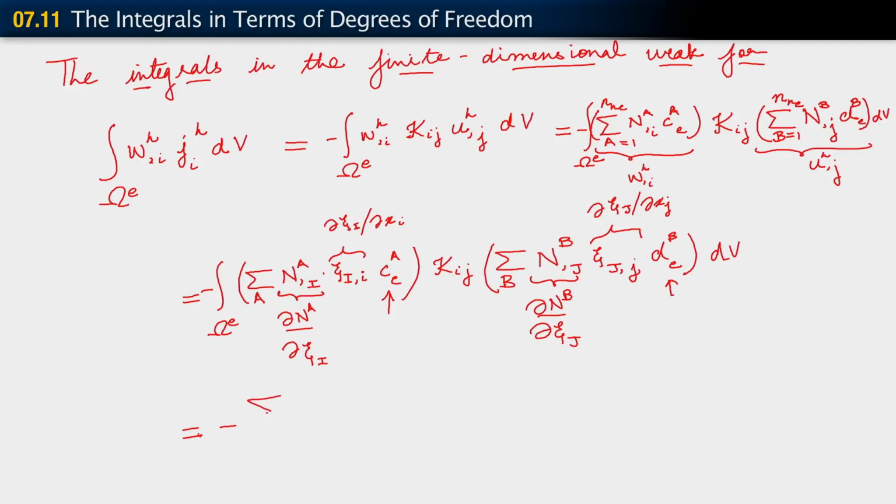Now, sum over A and B. Okay, we have here C A E integral over omega E N A comma I C capital I comma little I kappa ij n b comma capital J C capital J little j. Okay, all of this integral dv.